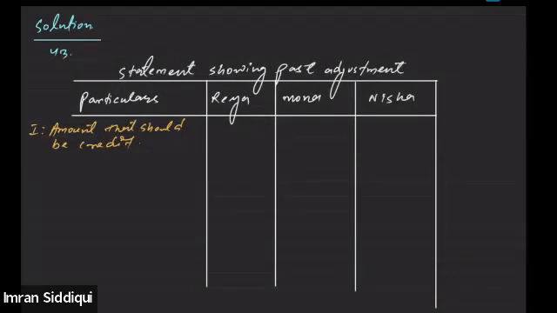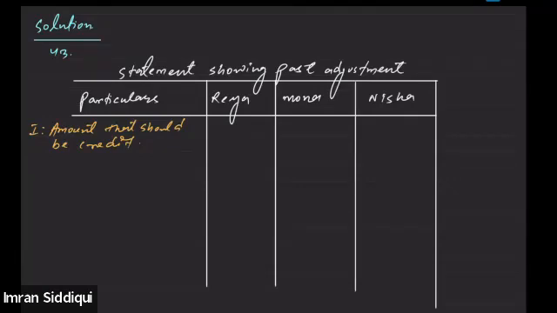The profit needs to be credited, right? Profit should have been credited in the profit sharing ratio, right? But the same has been distributed equally among the partners.